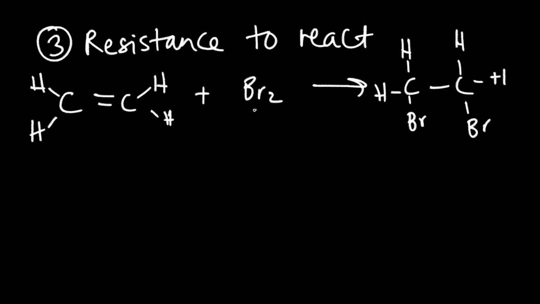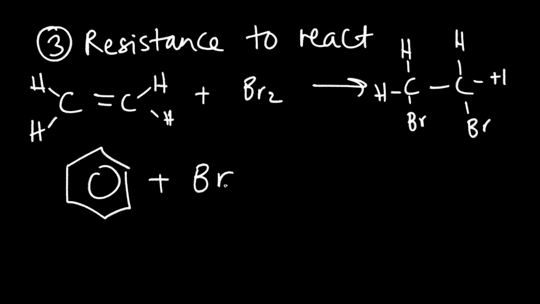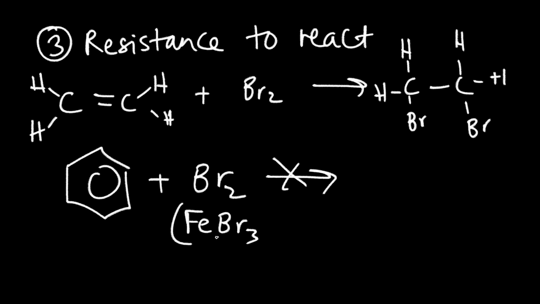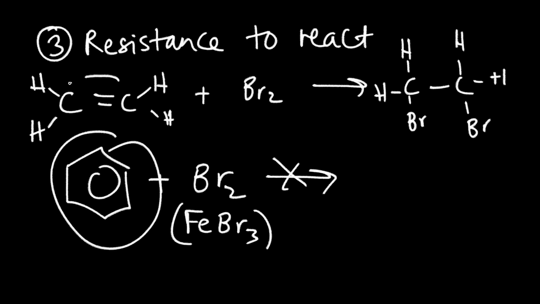It will decolorize the bromine water. But when you react benzene with bromine, it doesn't decolorize the bromine water. You get no reaction happening under normal conditions, and instead you'd actually have to add a catalyst, a halogen carrier like FeBr3, to get this reaction to happen. So again, this shows that benzene is more stable than just a simple double bond.